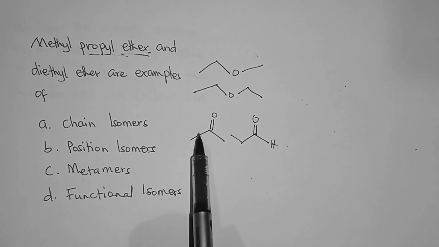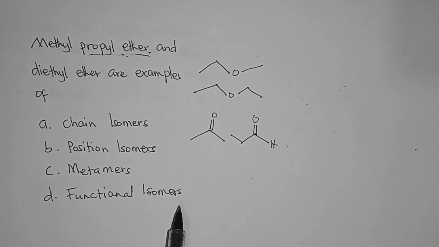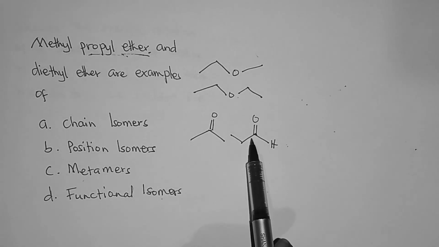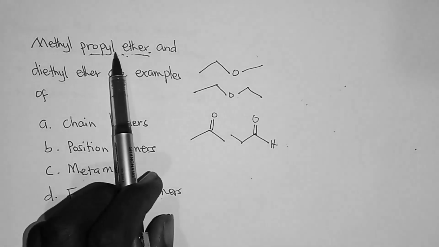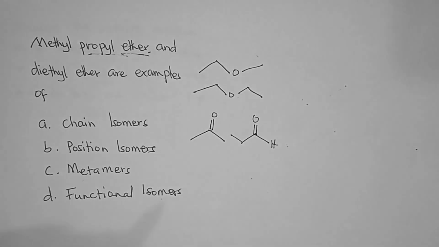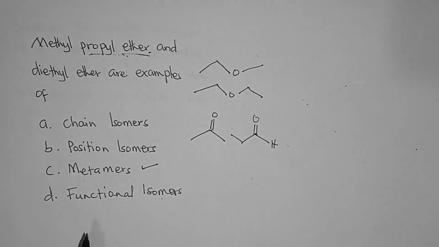So 1 and 2 are different. However, they are isomers of the same molecule. And therefore, methyl propyl ether and diethyl ether are both metamers. They are also functional isomers.